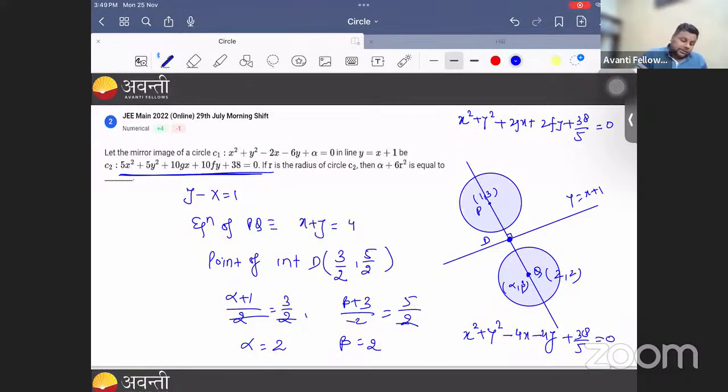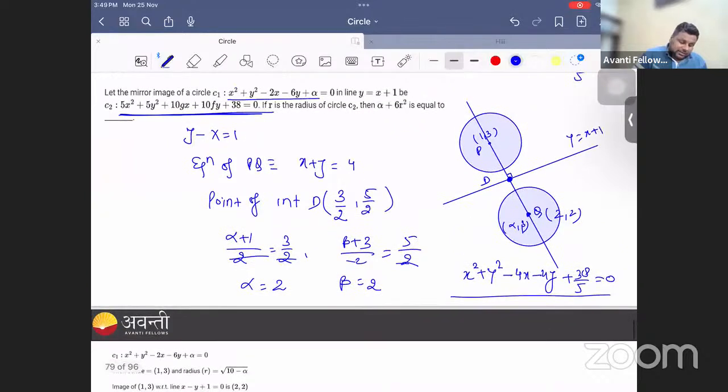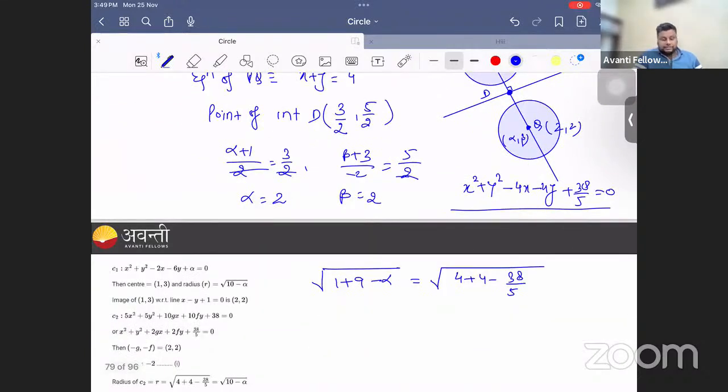Got it? Now the radius of both the circles is going to be identical. What is the radius of the first circle? That is 1 plus 9 minus alpha, and for the other circle, 4 plus 4 minus 38 upon 5. Got it? So 10 minus alpha is 2 by 5.